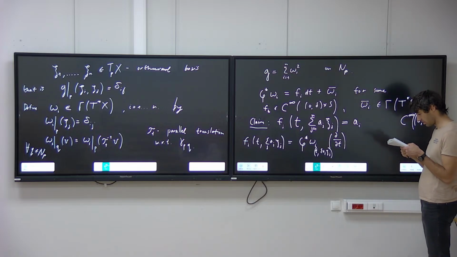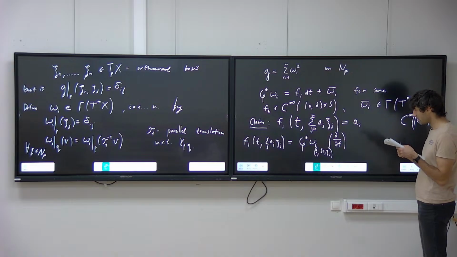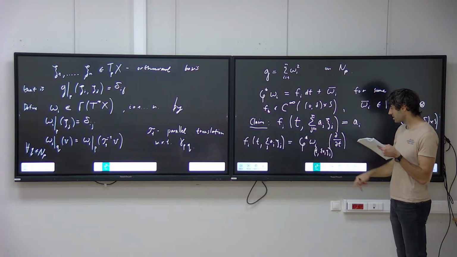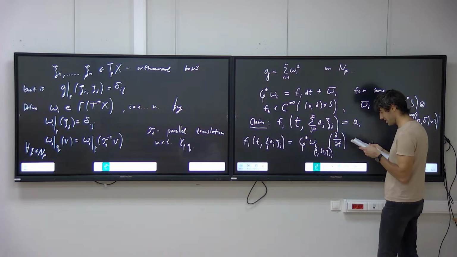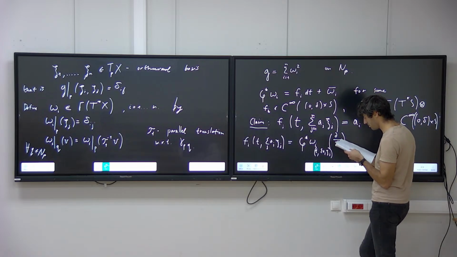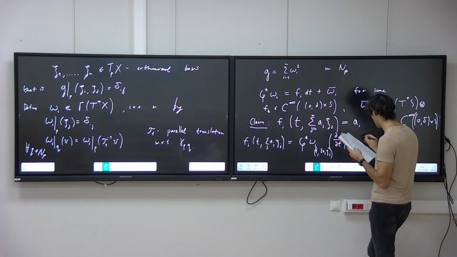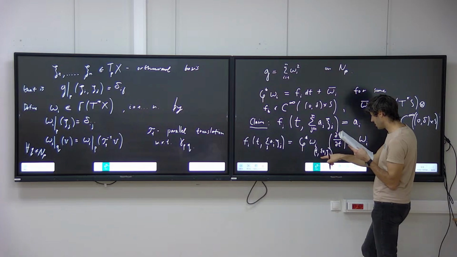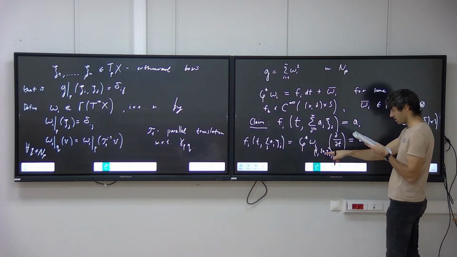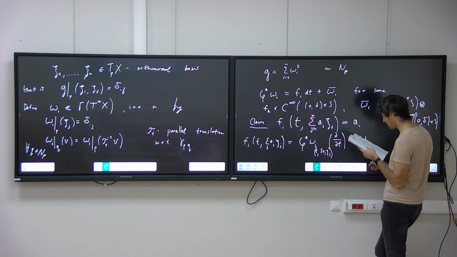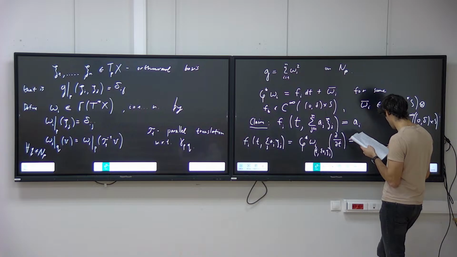All right. But at this point, we just need to recall what a pullback is and what phi is. So I'm claiming that if you go through all these definitions, it will be omega I evaluated at phi of this, which is just exponential of t sum over a j xi j.